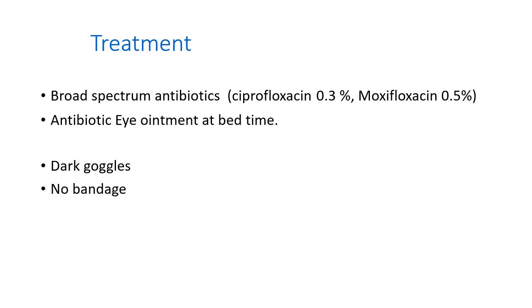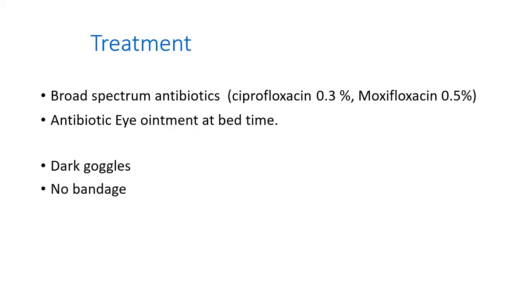This is also a viva question for you. The examiner can ask you why there should not be a bandage in a case of conjunctivitis. Because the bandage produces warmth, and warmth will cause an increase in bacterial colonization. Exposure to air keeps the temperature of the conjunctival sac low, which inhibits bacterial growth.